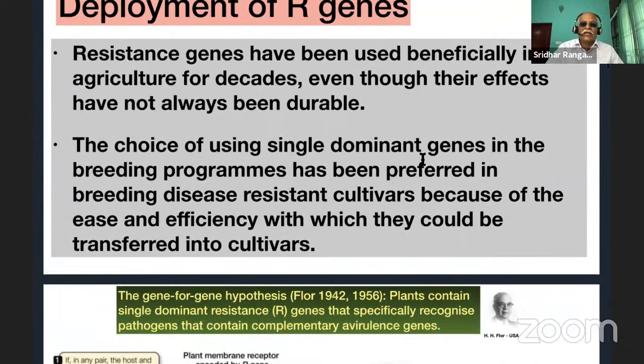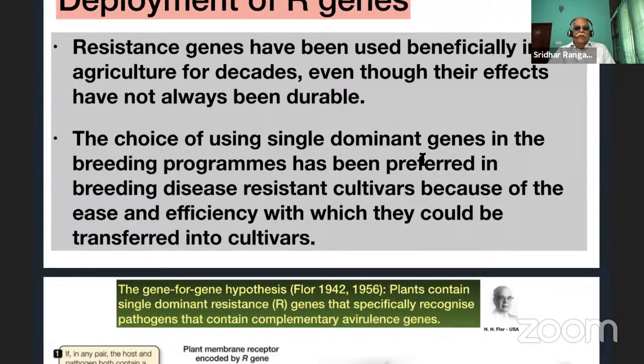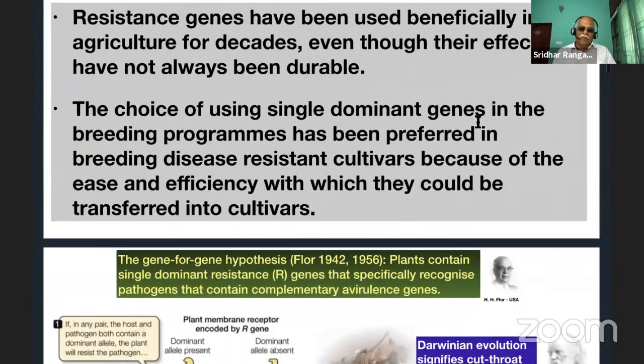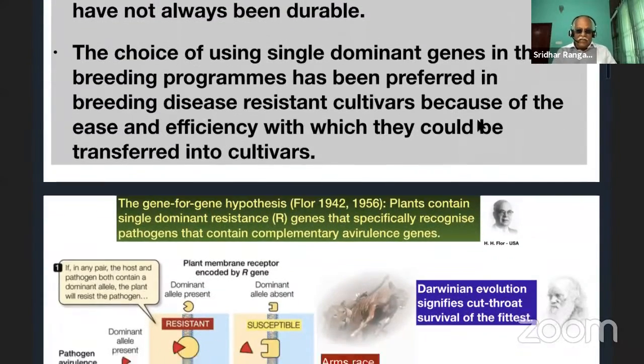The choice of using single dominant genes in the breeding programs has been preferred by the plant breeders because it's easy to handle them. It's easy to transmit it to the new varieties, and also it is easy to study the genetics of it and all those things. So the preference was always to use the dominant resistant genes for developing newer varieties.